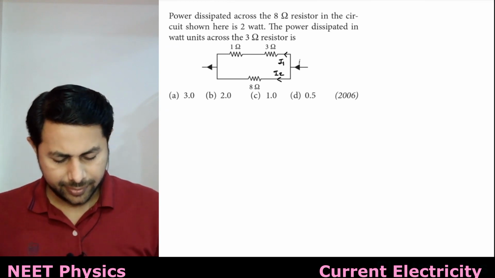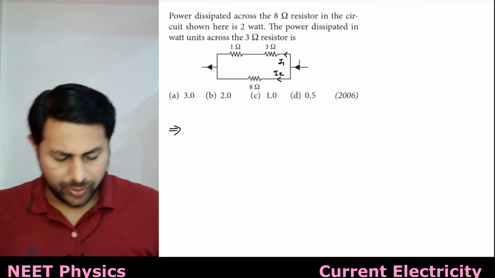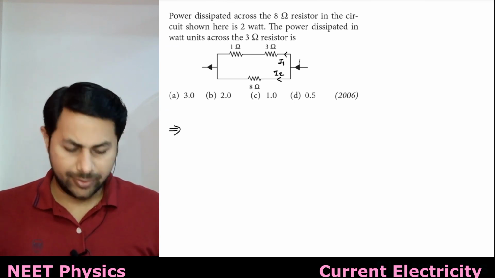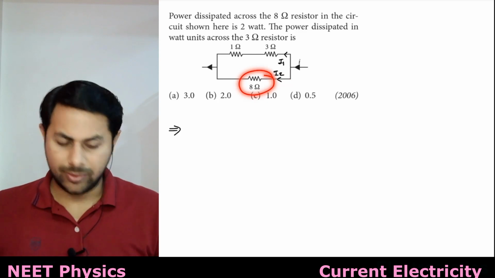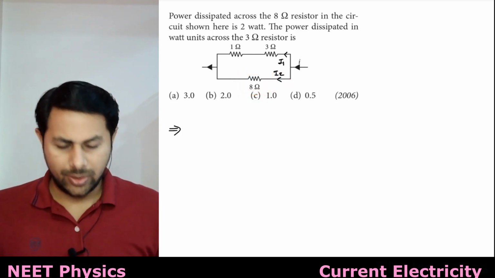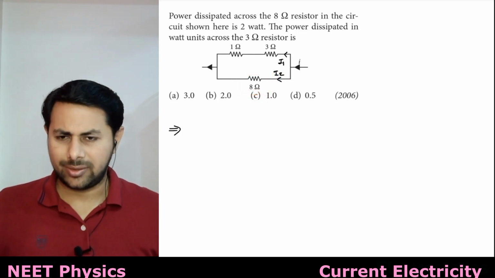So there are two ways: either we can find out the potential difference, because power is given, or we can find out the current.